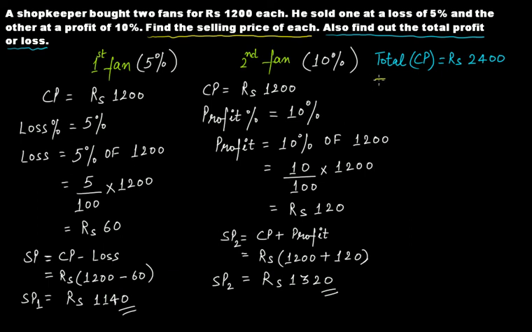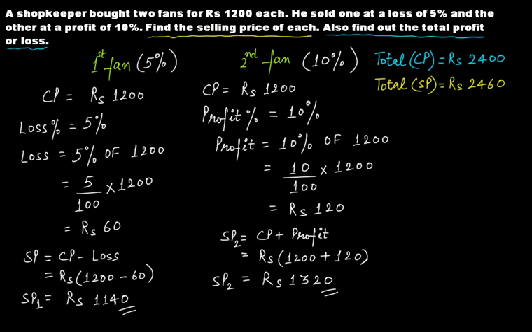So the total selling price will be 1140 plus 1320, which is rupees 2460. So this is the total selling price.